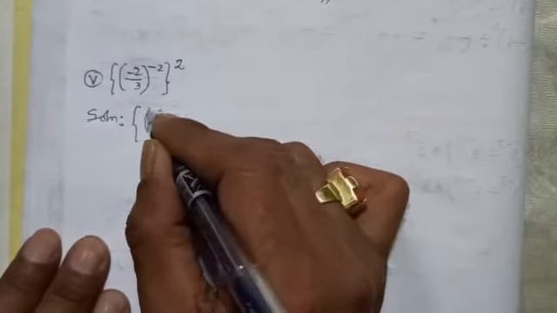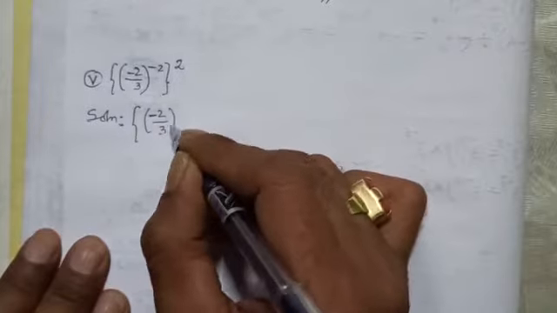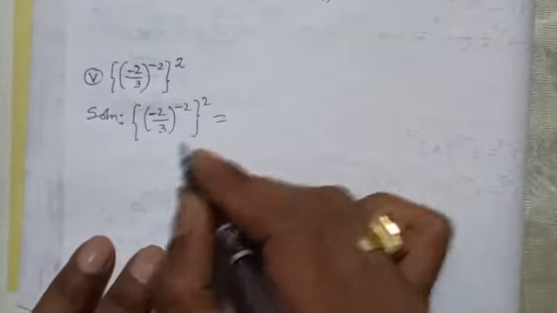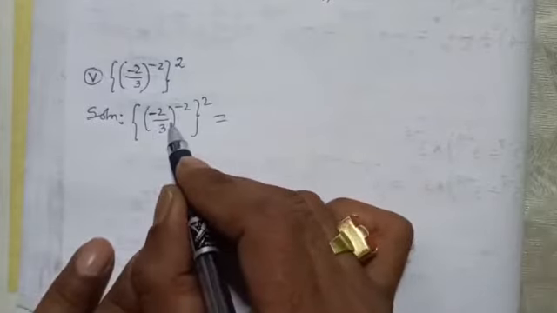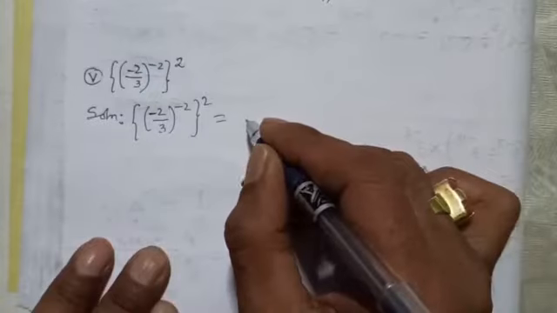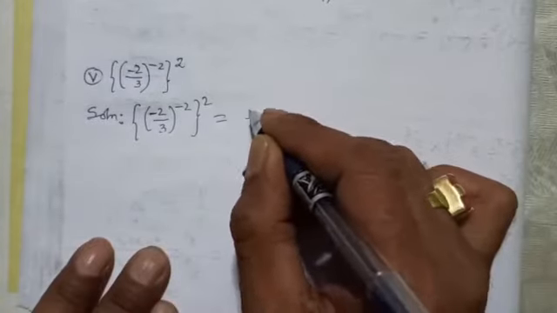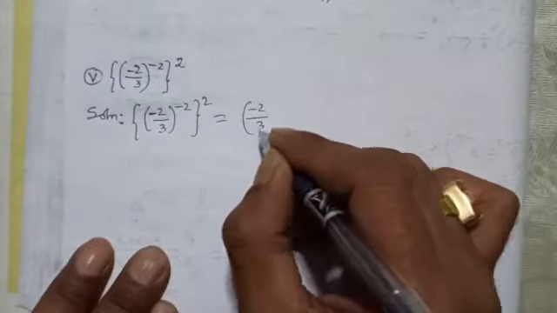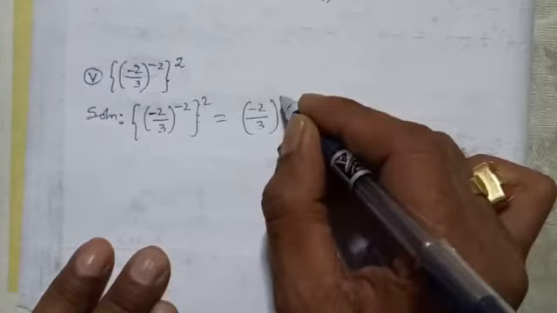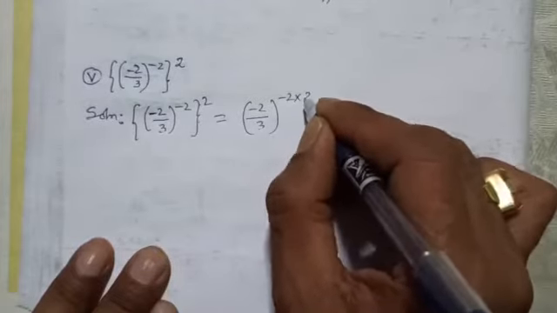Minus 2 by 3 whole to the power minus 2 whole square. First let's leave this second bracket. Minus 2 by 3 whole to the power. If we leave this second bracket, minus 2 and 2 will be multiplied. Minus 2 into 2.